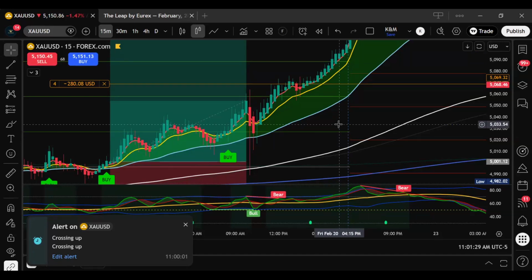What I'm doing is my biggest lot size is my first TP. That hit, I should be good. I'm going for two TPs, so that next lot size is going to be my second TP. My goal is that once those first two hit, that should be enough profit that I leave my original entry where the stop loss was, and if it hits that stop loss, I'm still up for the day.